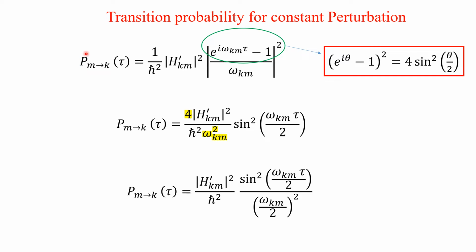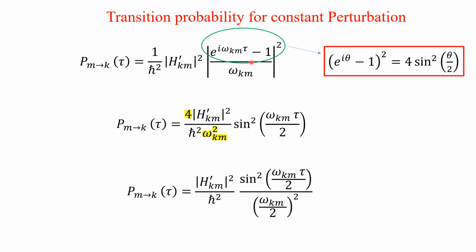So we have seen that the transition probability P from m to k, which is a function of tau, is equal to 1 over ħ squared, modulus H'_km whole squared, into (e^(iω_km tau) minus 1) divided by ω_km, whole squared. Of course, we have modulus. From trigonometry, |e^(iθ) minus 1|^2 is equal to 4 sine squared θ by 2.